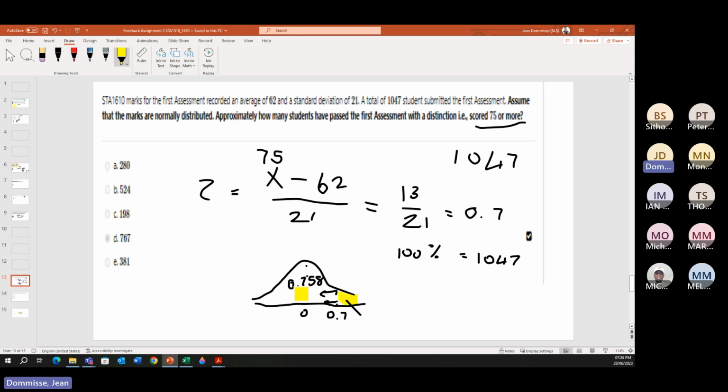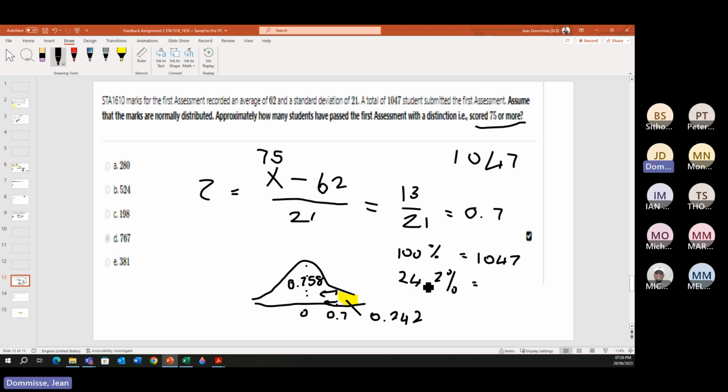That smaller area is 1 minus 0.758, so we know that the smaller area is 0.242. So what we want to find out is how many students fall within 24.2% of that total.